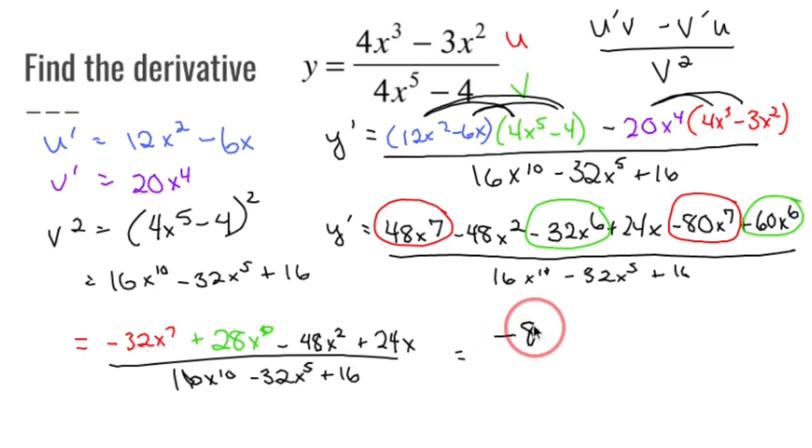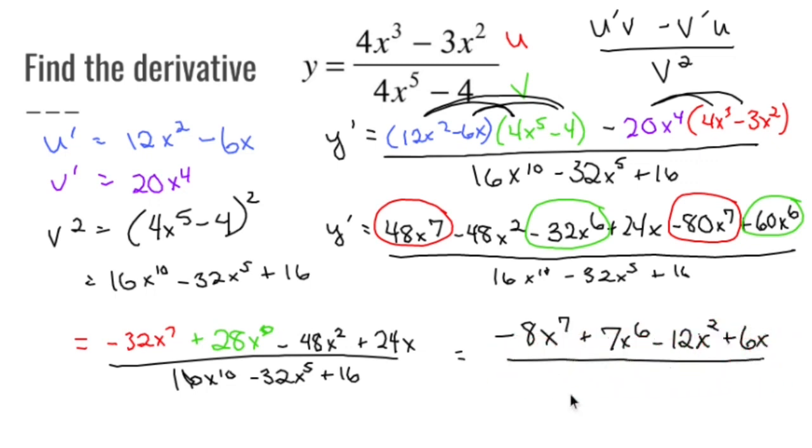So negative 8x to the 7th plus 9x to the ugly looking 6th minus 12x squared plus 6x all over 4x to the 10th minus 8x to the 5th plus 4.